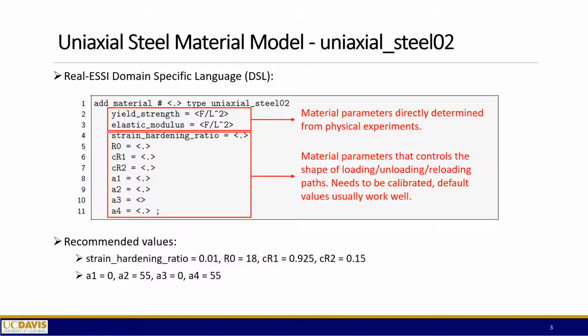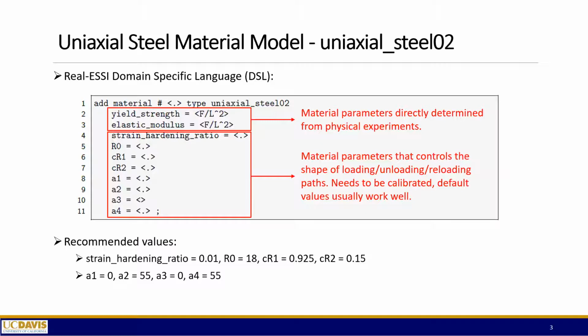But I should mention that the material behavior is kind of sensitive. So if you don't have additional test data or more basis, we recommend you to use the recommended values without changing them. This is really for standard reinforcing steel. Depending on what kind of reinforcing steel you have, these are good default values.